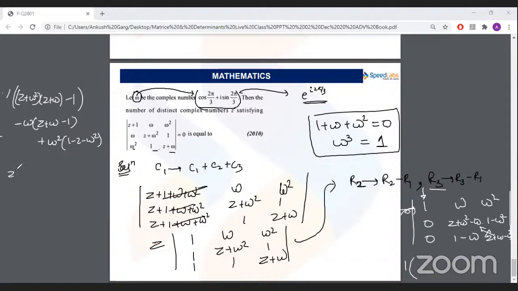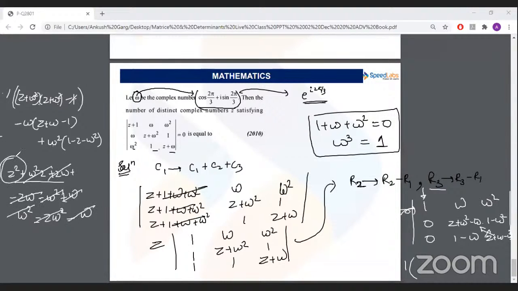So this will become Z square plus omega square Z plus Z omega plus omega cube minus 1, that will be 0, from the first term; minus Z omega minus omega square plus omega from the second; and omega square minus Z omega square minus omega to the power 4, that will be minus omega. Now Z omega square gets cancelled, Z omega also gets cancelled, omega minus omega, omega square minus omega square. So we are simply getting the value of this determinant as Z square.